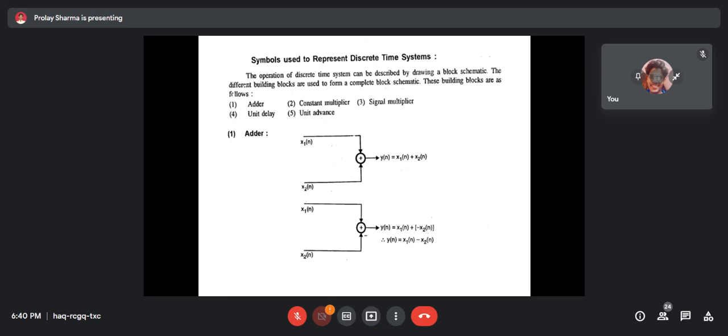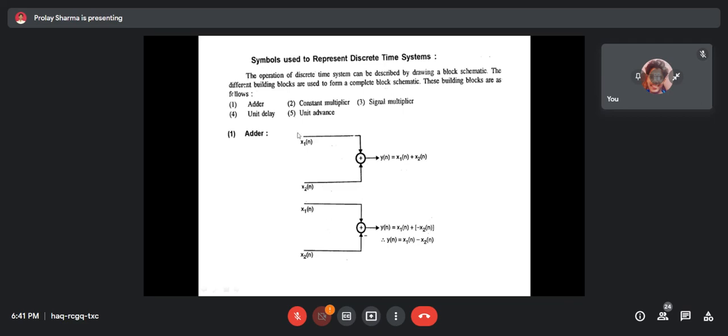Second is the constant multiplier. Here you see that if x1[n] is a signal and x2[n] is a signal, we can add the signals to produce x1[n] plus x2[n]. Or we can subtract two signals also.